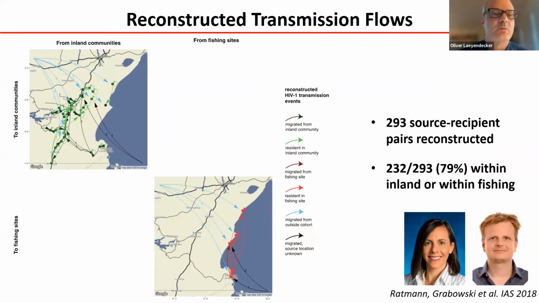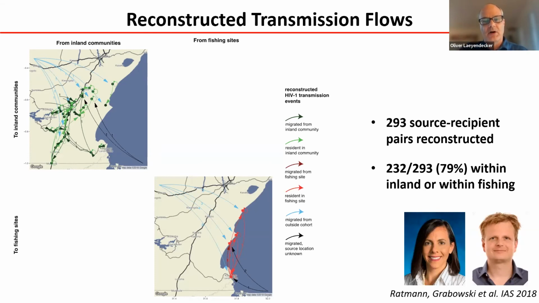But what they did was, with the sequence data and the location, they could determine these source and recipient pairs, and they could see for those source and recipient pairs what is the most likely direction of the transmission geographically.